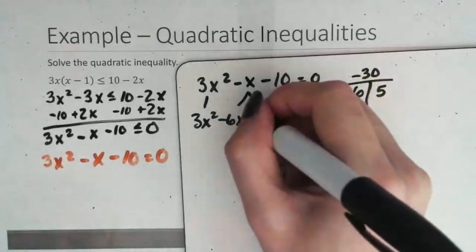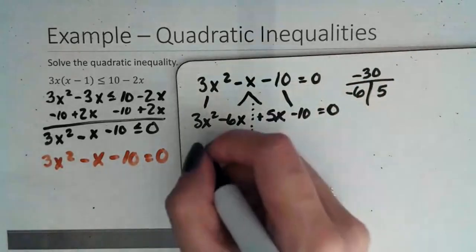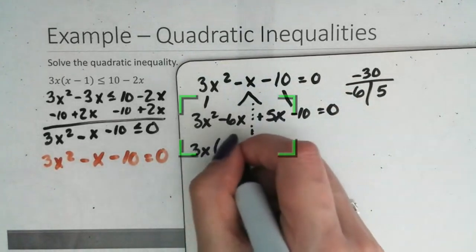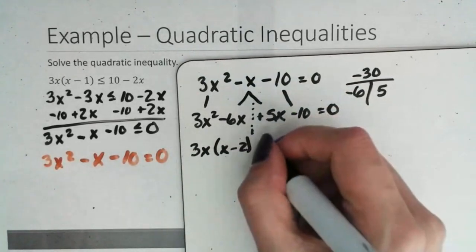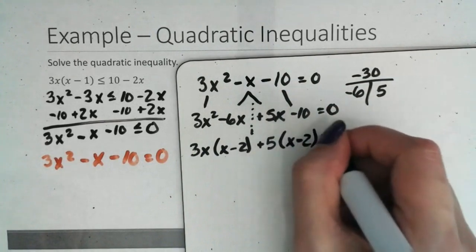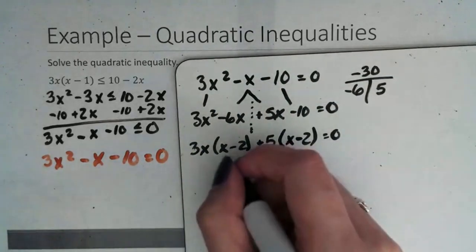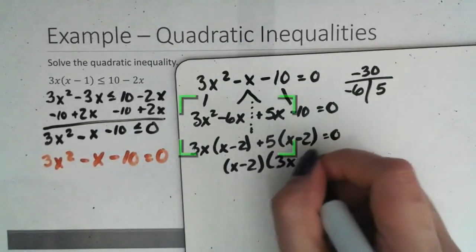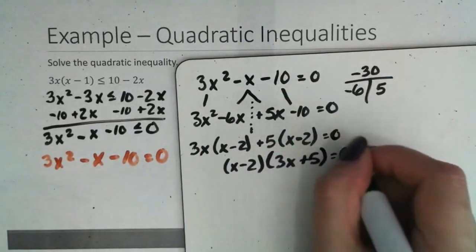I'm going to break it up into the two groups. From the first group, I can factor out a 3x, which leaves me with x minus 2. From the second group, I can factor out a positive 5, which leaves me with x minus 2. So we have the x minus 2 in common, leaving me with a 3x plus 5.